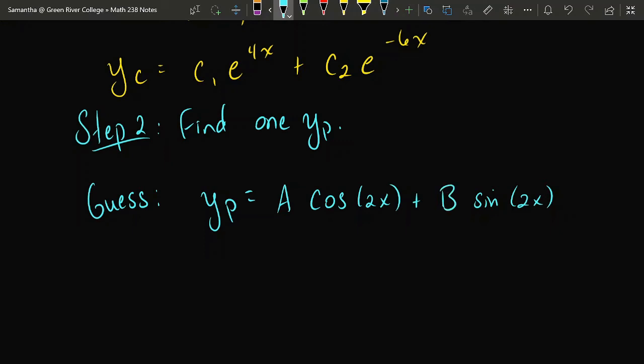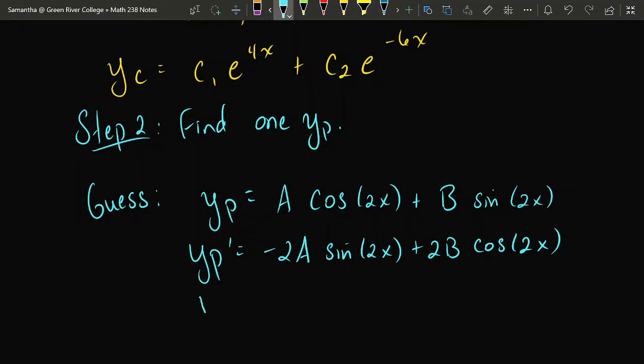So with that guess, yp prime would be equal to negative 2a sine 2x plus 2b cos 2x, and yp double prime would be equal to negative 4a cos 2x, negative 4b sine 2x.